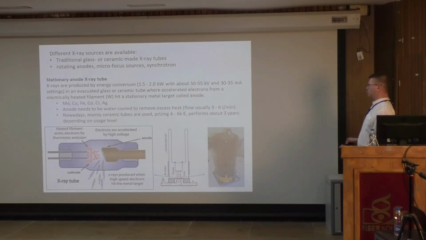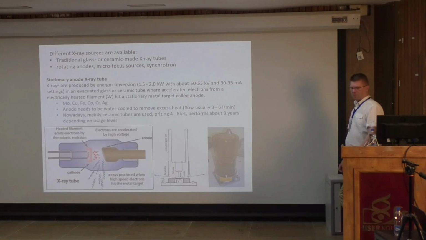Now, what we can do is change the anode, as I told you earlier. This is the anode, which is creating the X-rays. Typically we have molybdenum, copper, iron, cobalt, chromium, or silver. Other things are also possible. There is also a new method called the liquid gallium anode, but it's a very special thing, like a white horse, though in principle the theory is the same.